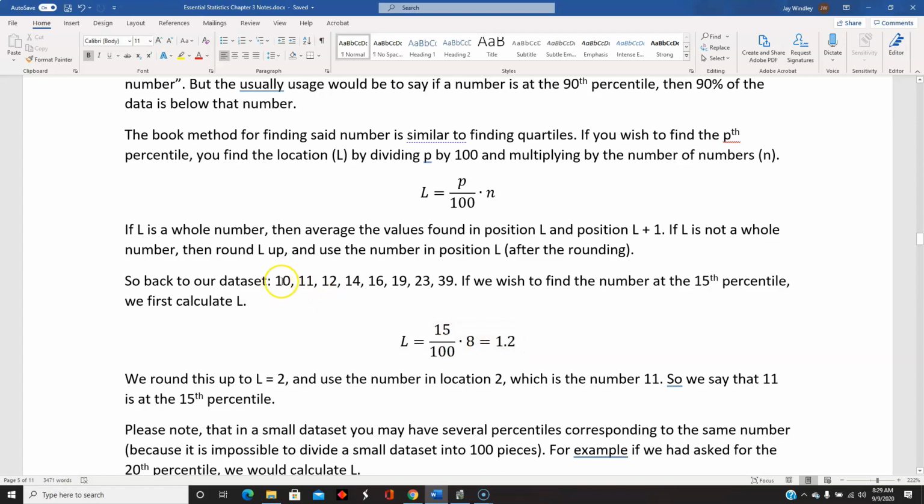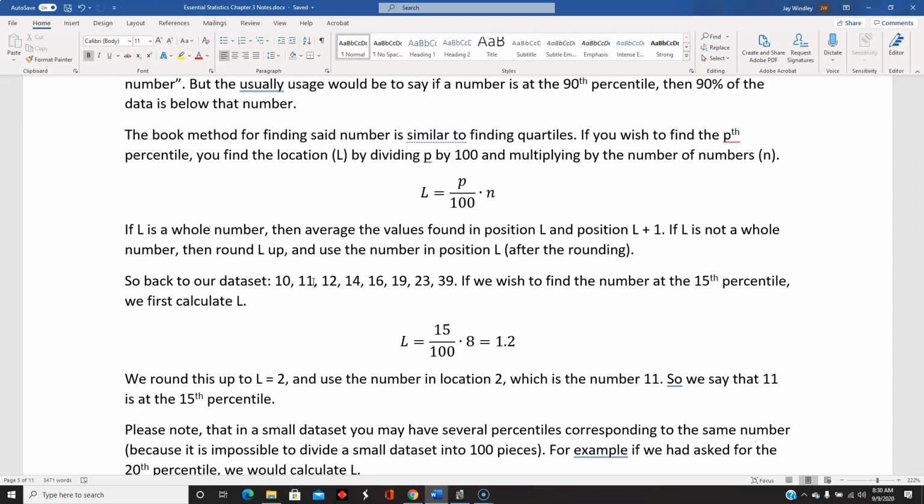If this is location 1 and this is location 2, then somewhere in between would be location 1.2. There are methods of finding the percentiles that go to that length, but our book method does not do that. All they do is, if it doesn't come out even, round it up. So in this case, it rounds up to 2, and we use the number in location 2, which is the number 11 in our data set. So we say that 11 is at the 15th percentile.